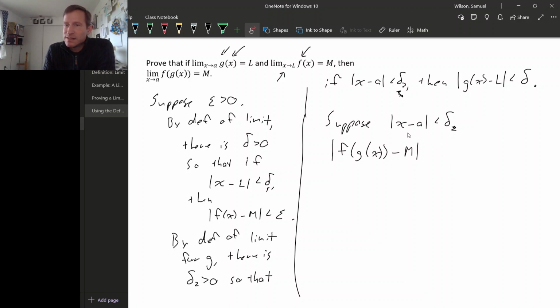Since the absolute value of x minus a is less than delta 2, this implies that the absolute value of g of x minus L is less than delta.